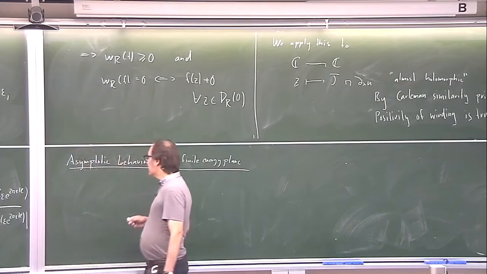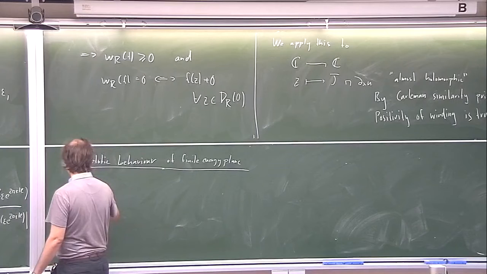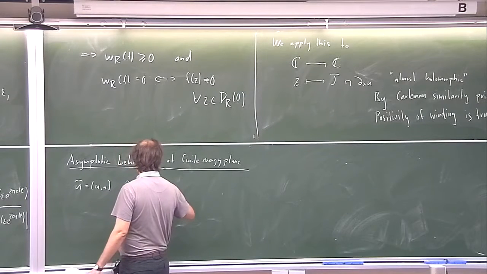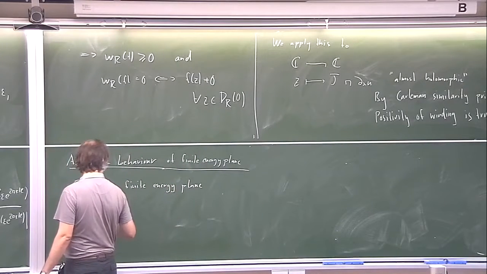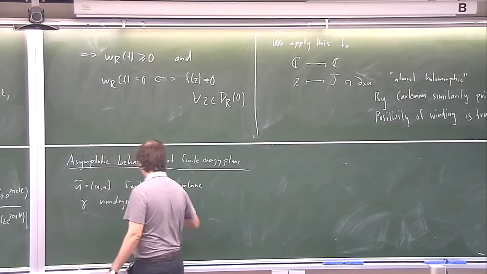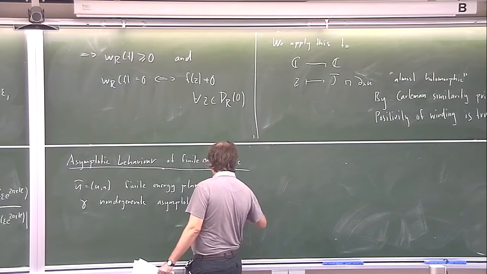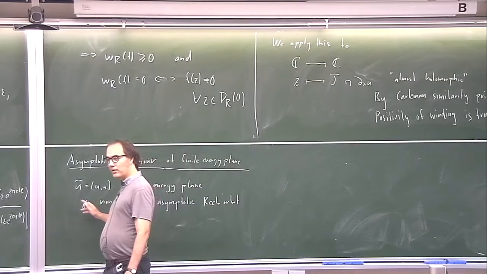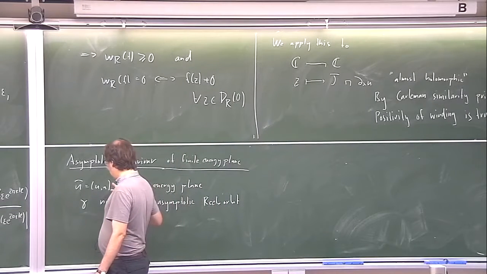So it roughly says the following. If we have ũ a finite energy plane, and γ is a non-degenerate asymptotic Reeb orbit, then asymptotically it exponentially converges to this asymptotic Reeb orbit, and it converges like an eigenvector.